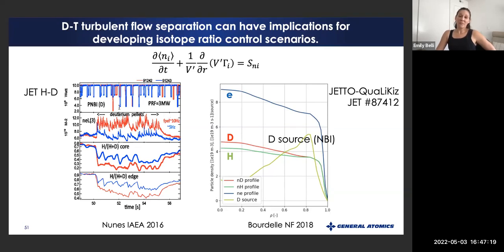For example, in preliminary results, by injecting deuterium pellets into a primarily gas-puffed hydrogen plasma to establish a final state of 50-50 HD in the core, but where a 10 to 15% difference arose in the edge due to turbulent diffusion with a buildup of the hydrogen, or the lighter species, which is consistent with our analytic results. So overall, our results can be used to inform the development of these types of scenarios with the integrated modeling frameworks.